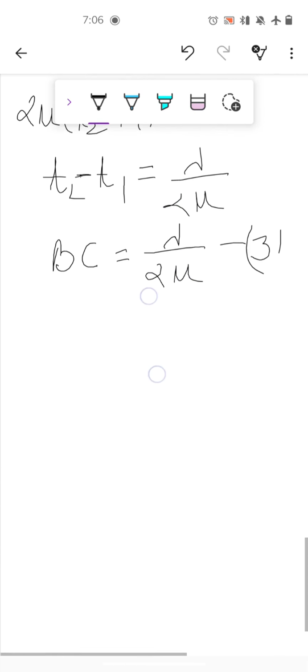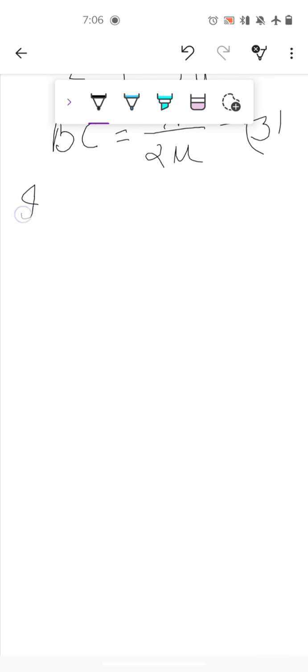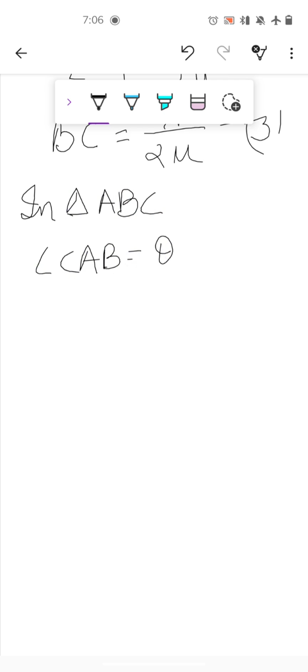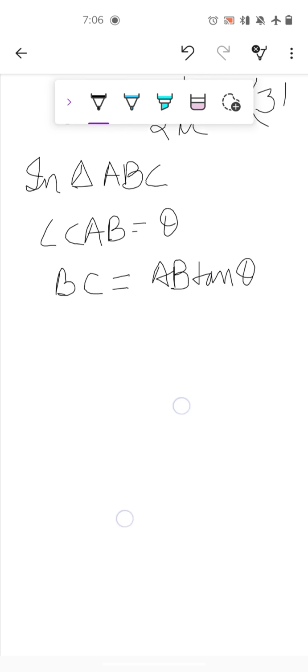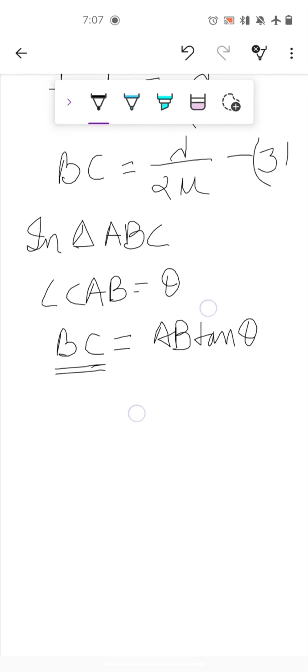Now in triangle ABC, angle CAB is equal to theta. BC we can write in terms of tan theta as AB tan theta. Tan ratio everyone knows. Now, the value for BC from equation 3 is lambda upon 2 mu.